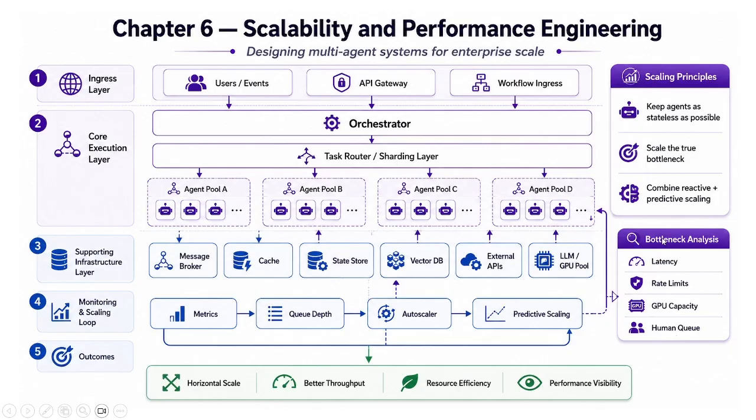Do not increase the rate limit where you should increase GPU capacity. Do not add a human in the loop where you should add an agent itself. You understand? And then key number three, combine reactive plus predictive. Do not just design for reactive while leaving predictive out. No, combine reactive, predictive, and economic scaling all together in your multi-agent system design.